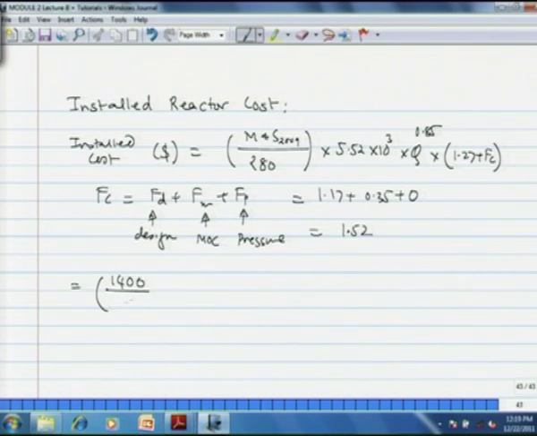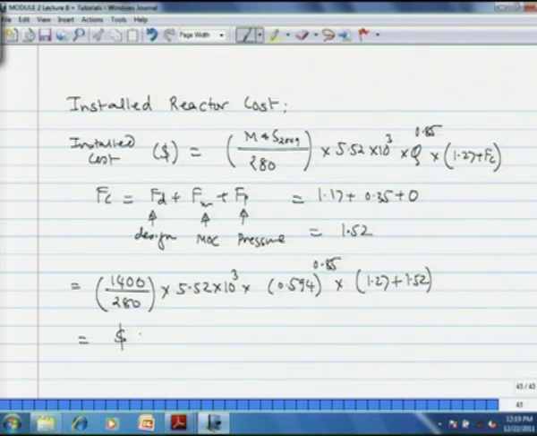Cost index is 1400 divided by 280, into 5.52 into 10 to power 3, into 0.594 raised to 0.85, into 1.27 plus 1.52, the correction factor. Okay. So, we get the installed cost as $49,473.